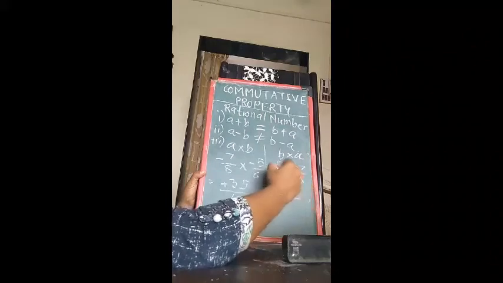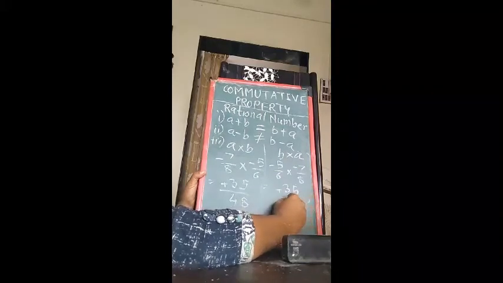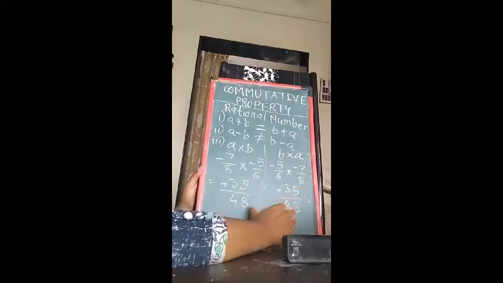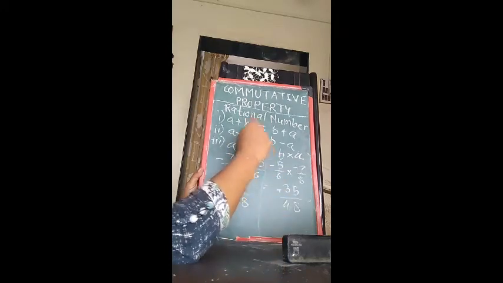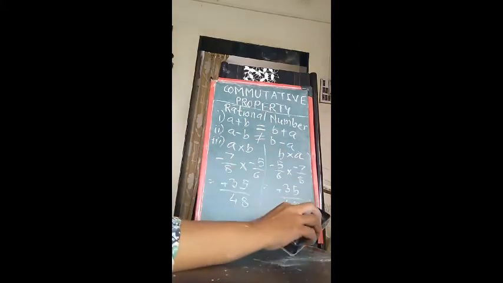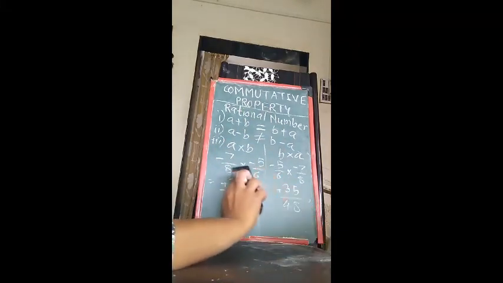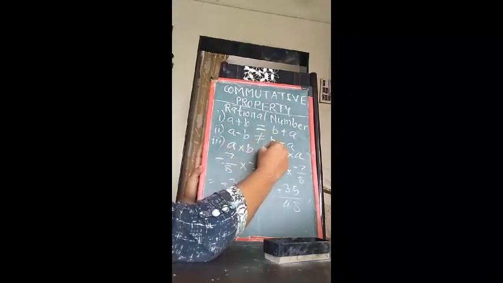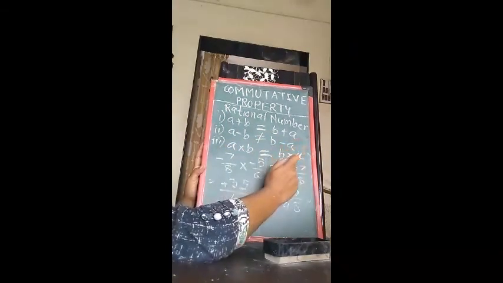So plus 35. 6 8s are 48. So both the answers are same, plus 35 upon 48 and plus 35 upon 48. So this property is satisfied for the multiplication, the commutative property. Just make the correction, because we are checking for multiplication. So here we can write A multiplied by B is equal to B multiplied by A.